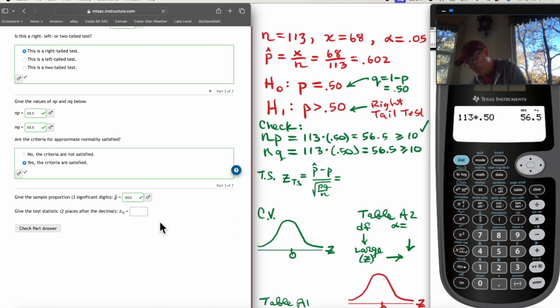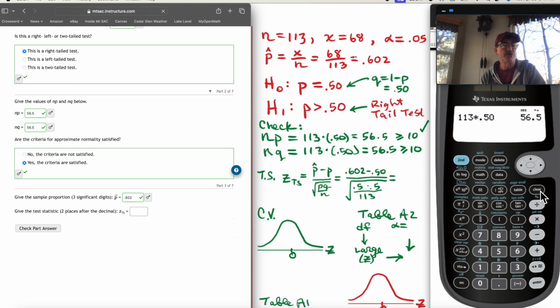So 0.602 minus 0.50 on top, and then down below, square root of pq. p and q are both 0.50, so we're going to have 0.5 times 0.5. You don't need that 0 there afterwards, it's just for looks, I think. Over n, which is 113. It says to round it to 2 places, so we can go ahead and do that real quick here.